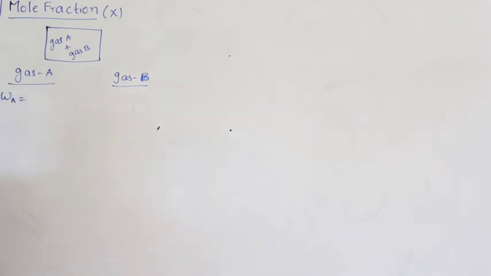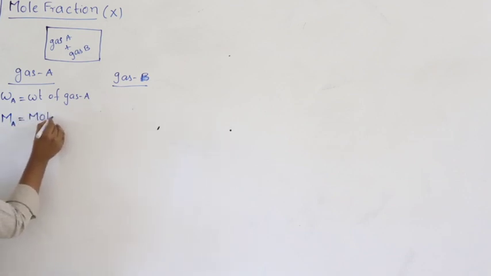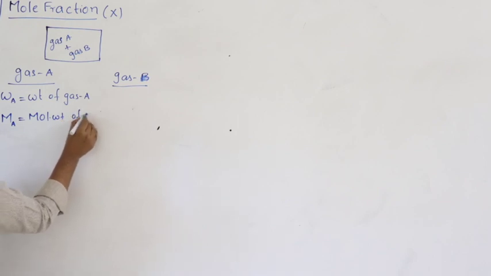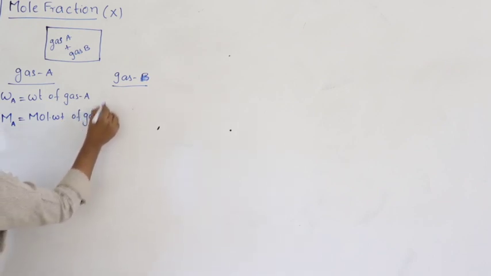WA represents weight of gas A, or mass of gas A. MA, M subscript A, is molecular weight of gas A.